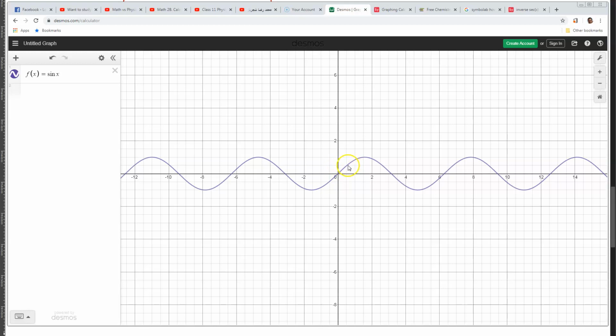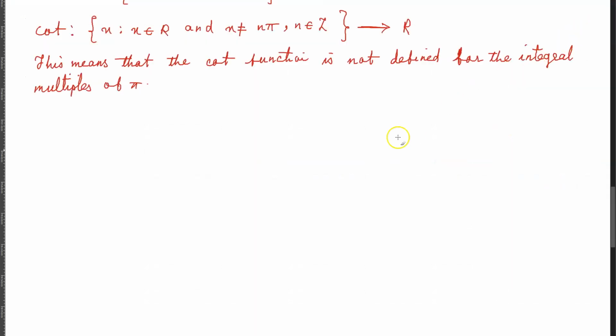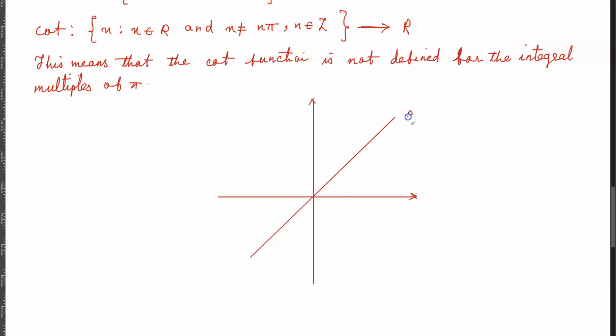But it's important to be aware of the following. Suppose that you have a function f of x is equal to x, and suppose that f is a function from R to R, right?